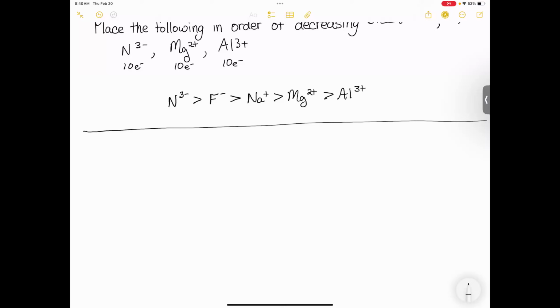We have described where all of those subatomic particles reside. The protons, which are responsible for an element's identity, reside in the nucleus. The neutrons, which are responsible for the isotope of an element, reside in the nucleus. And the electrons, which are responsible for an element's reactivity, reside in the electron cloud.